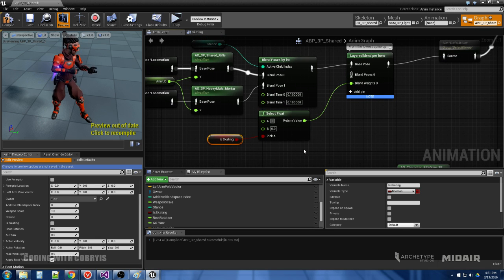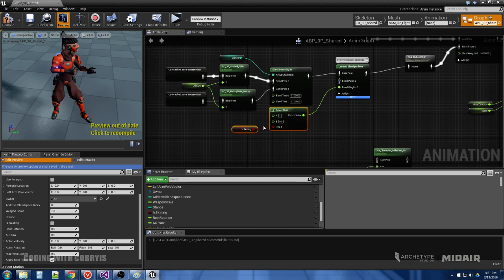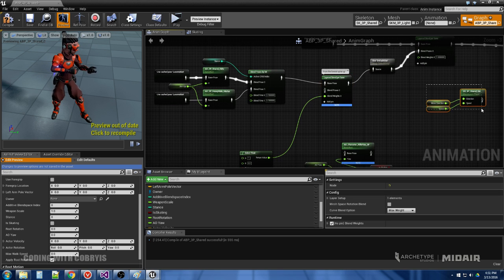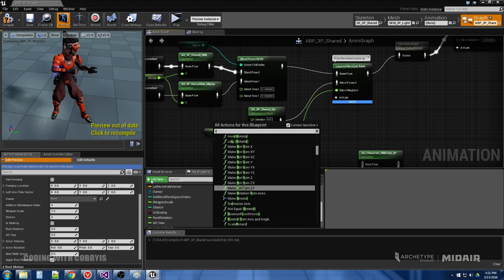Skating. We'll use this, otherwise we won't. And when we're skating, we're gonna take this guy. But it's not actually gonna be move direction, because remember we need root rotation actually.